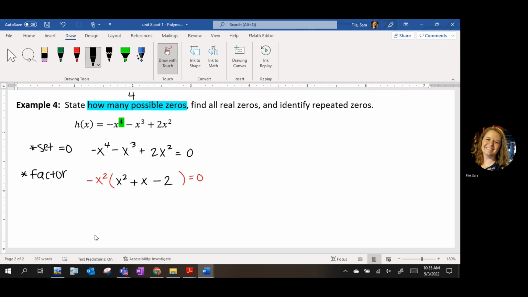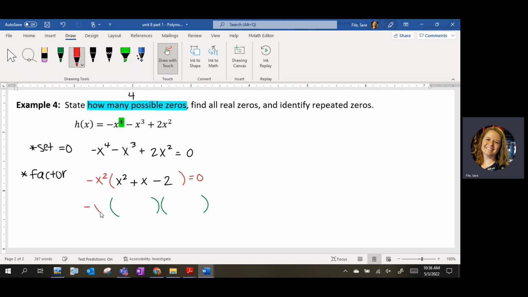Now you've got the quadratic trinomial that can factor into 2 binomials. So again, the negative x squared is still out front there. And how will I factor this trinomial? What does x squared factor to? And what are the factors of negative 2 that would add to positive 1?